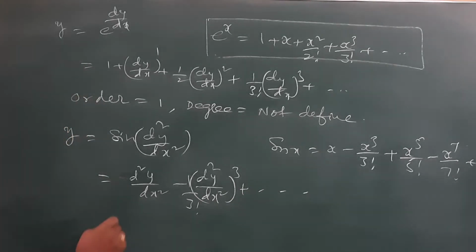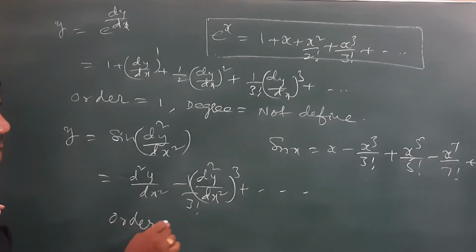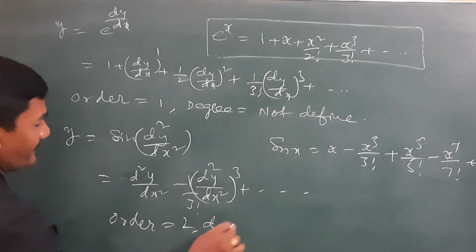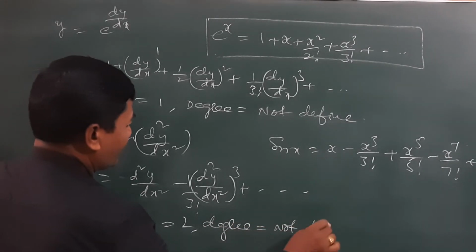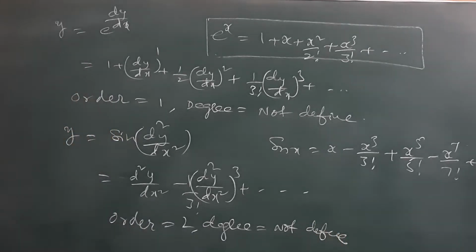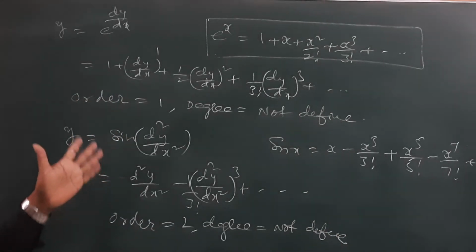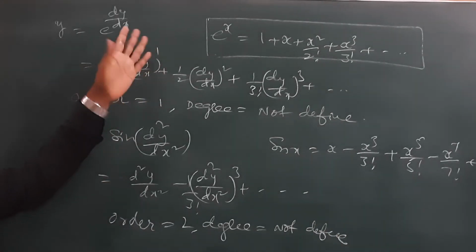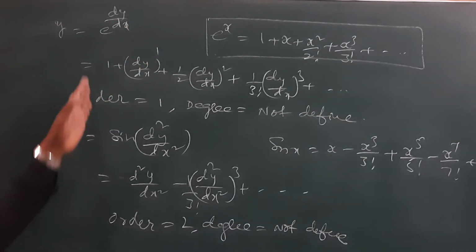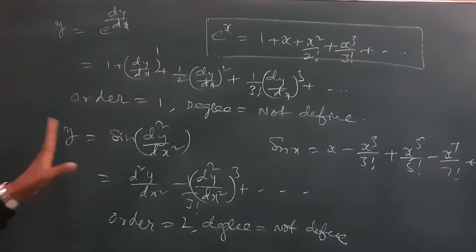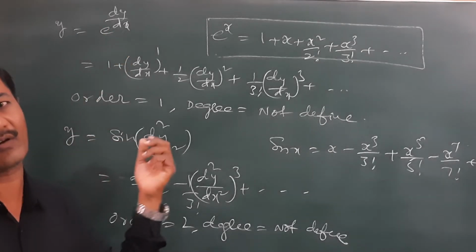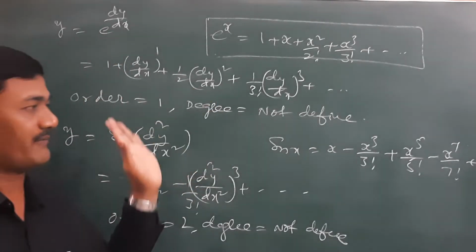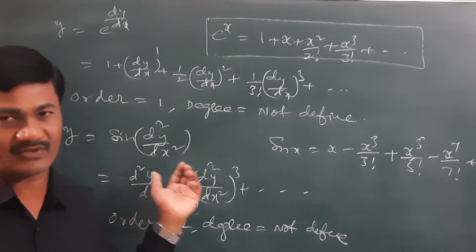Therefore order is only 2, degree is not defined. So the order of any differential equation is definitely defined, but degree is not defined whenever an exponential, trigonometric or logarithmic function is involved in the differential equation.